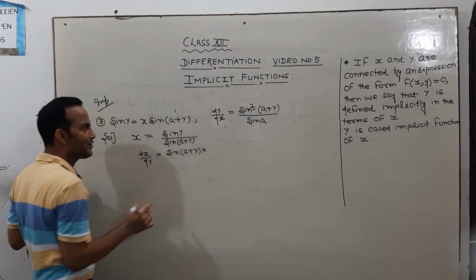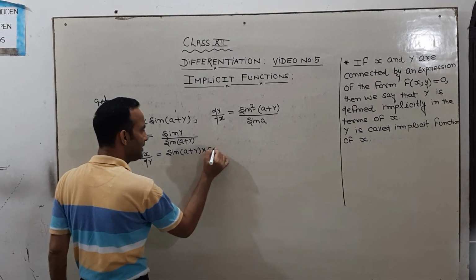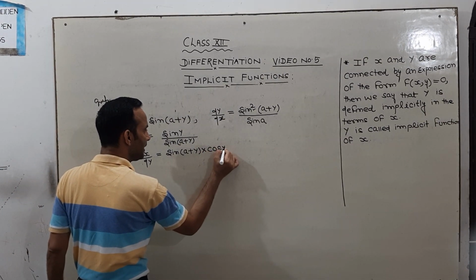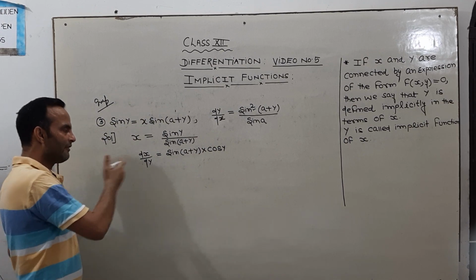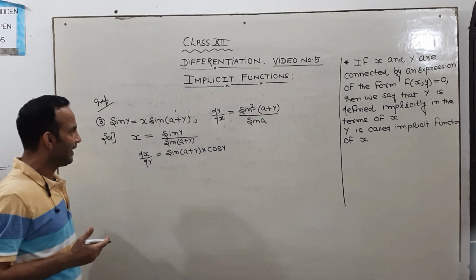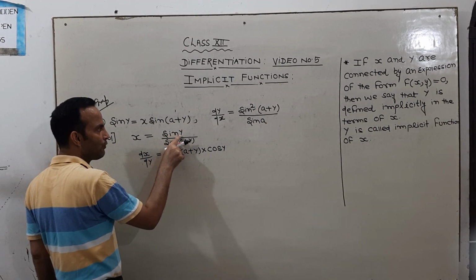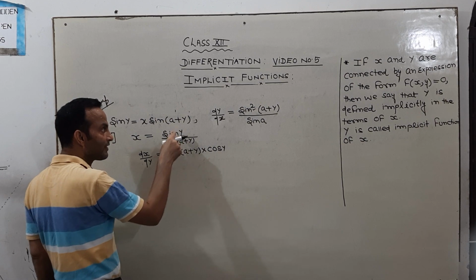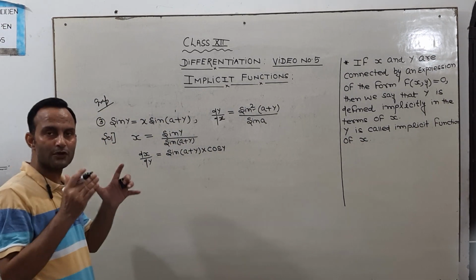into differentiation of the numerator cos y, as we are differentiating both sides with respect to y, that's why the differential of sin y is cos y and the differential of y is 1, because we are doing the differentiation with respect to y.